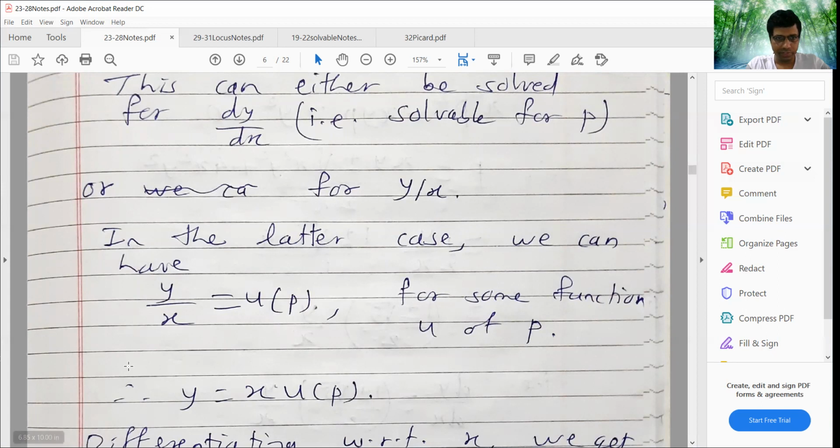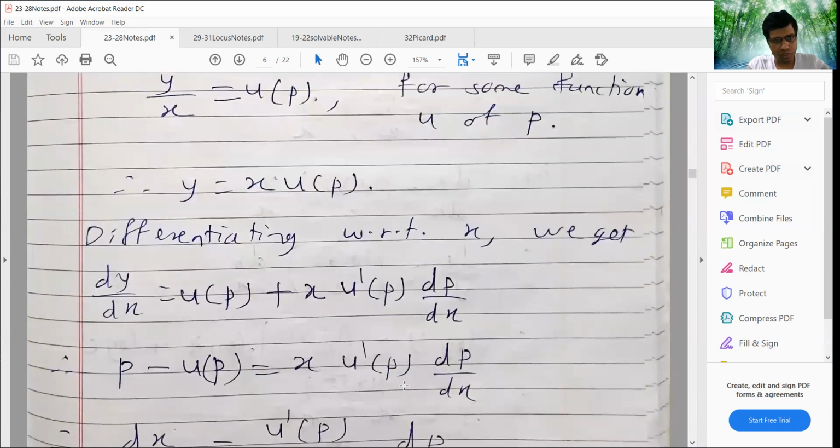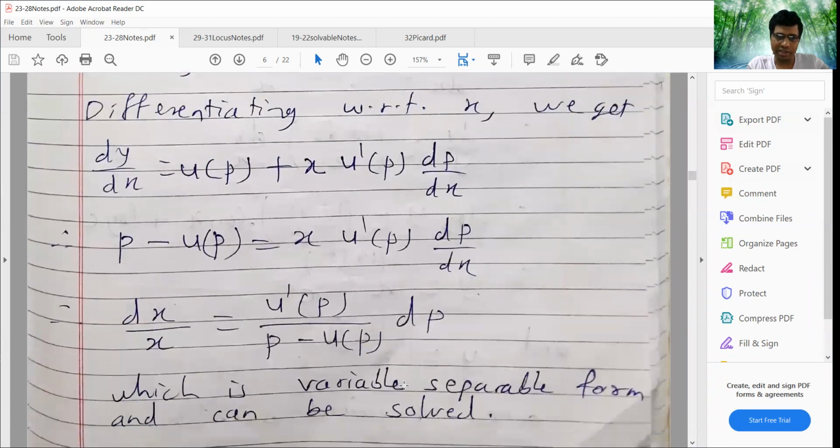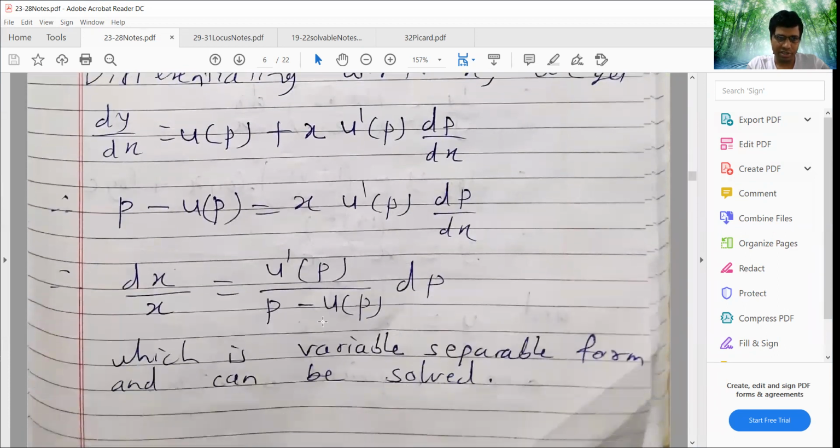Otherwise, it may be solvable for y upon x, then we get y upon x equal to some function of p, say u of p. So we can write y equal to x into u of p, and then we differentiate with respect to x, and then we proceed as dy by dx.